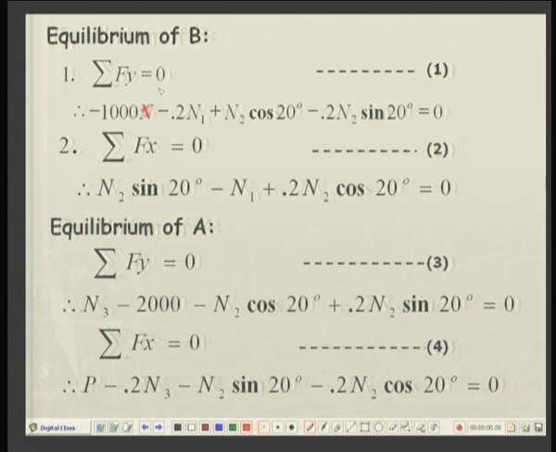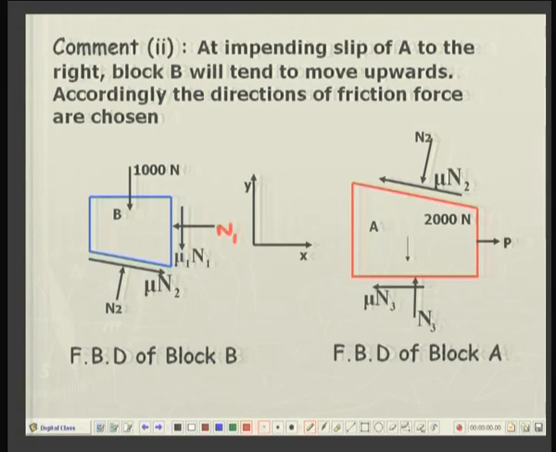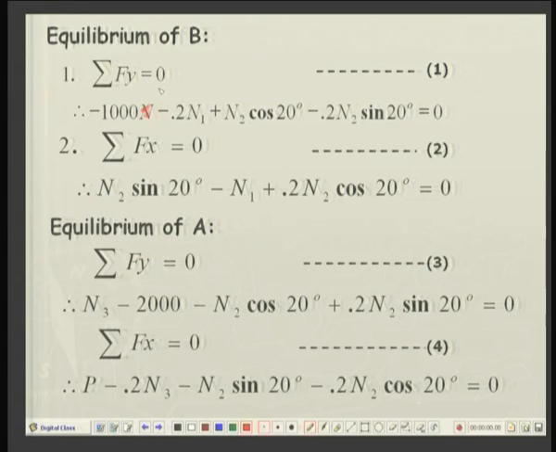Similarly, you consider the equilibrium of block A. So, again, vertical upward force, a downward force N2 times cosine 20 degrees. Similarly, mu times N2 times sine 20 degrees will be giving me a vertically upward component, and similarly you can consider the horizontal forces. So, by considering various vector components, you come to these 4 equations.